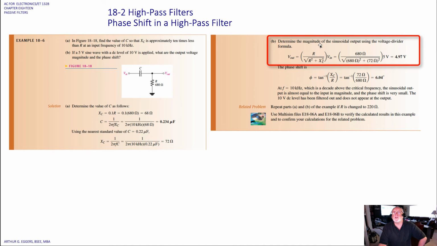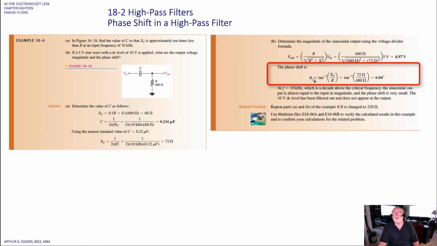In the second part, determine the magnitude of the sinusoid using the voltage divider formula. So now we go back to that formula that we've looked at several times now. In this case, we put our values in for R and X sub C, and we get an output voltage of 4.97, approximately 5 volts. The phase shift phi, the inverse tangent of X sub C over R, gives us a value of 6.04 degrees.